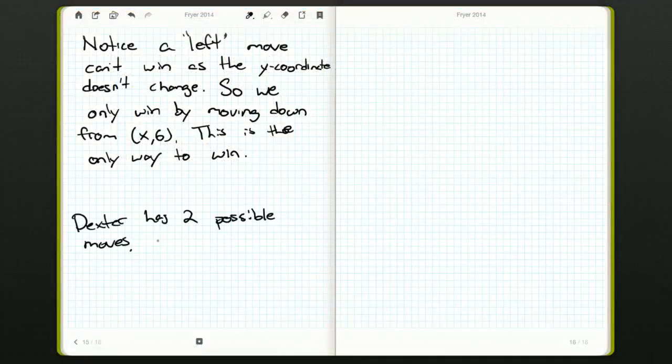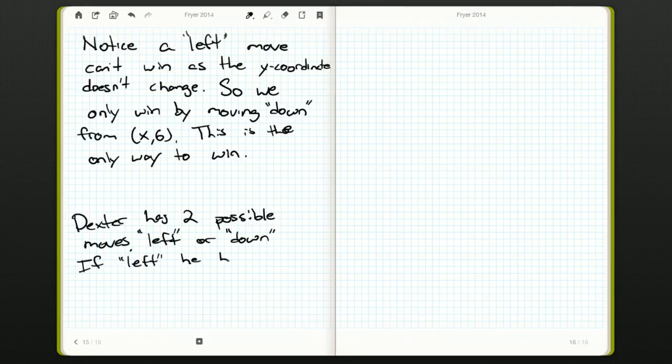So he has two possible moves, left or down. So if he moves left, he hands Ella A, now at 1-7.